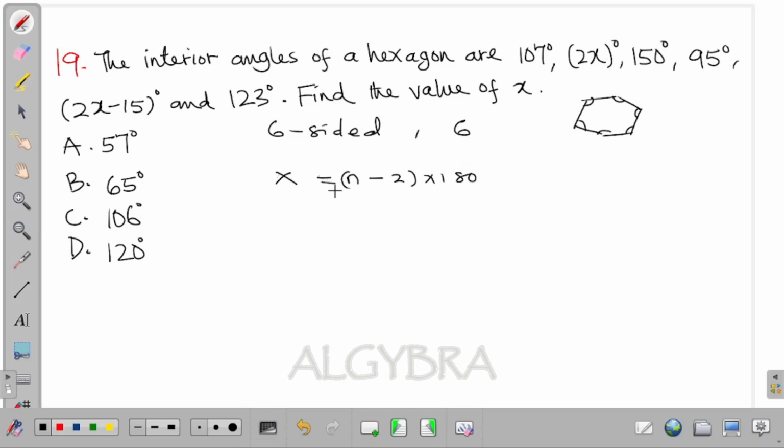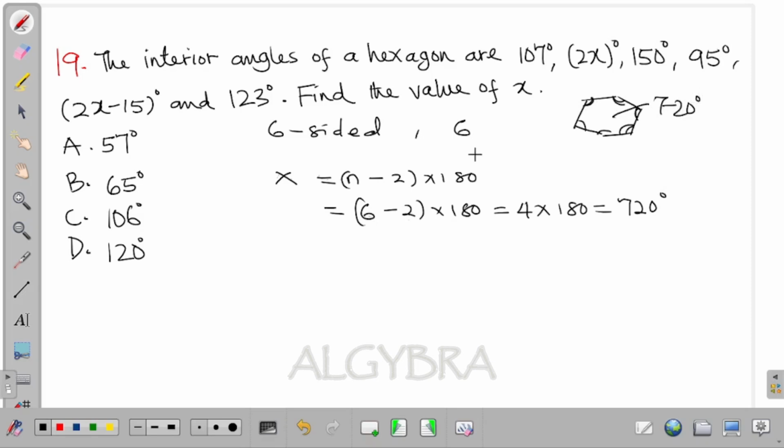So S is equal to, n in this case is 6, so 6 minus 2 multiplied by 180. 6 minus 2 is 4, times 180, and that will be equal to 720 degrees. So the sum of the angles in this hexagon is going to be 720 degrees.